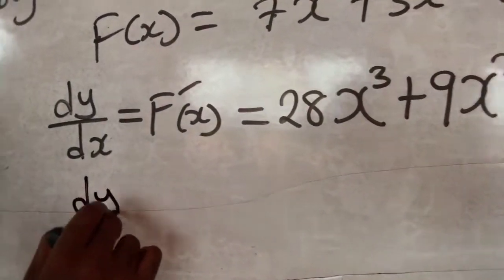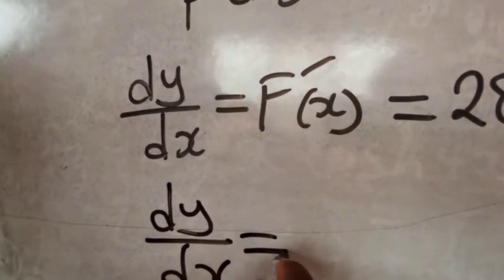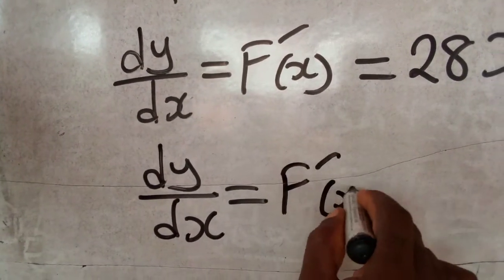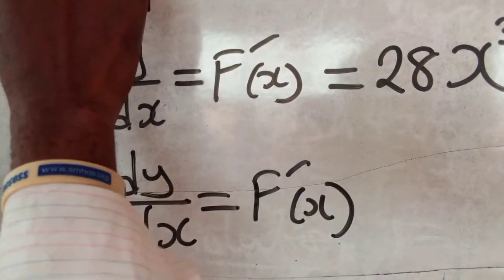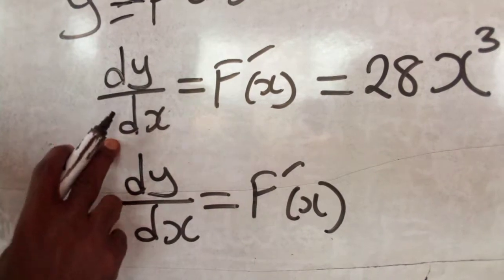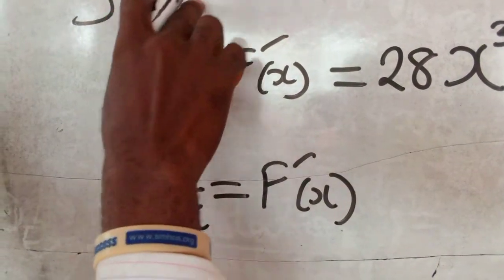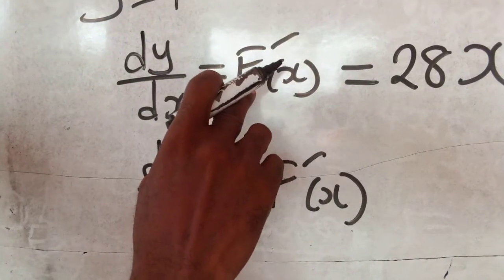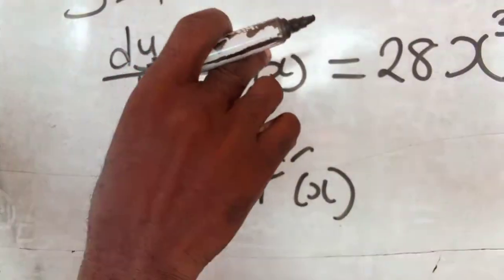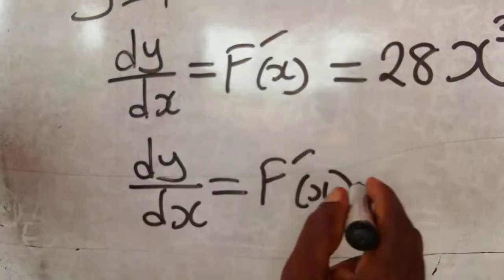So your answer, dy over ds, which is the same thing as f prime of s. If they use y, you have dy over ds. If they use a function of s, you have f prime of s. Two of them mean differentiation.